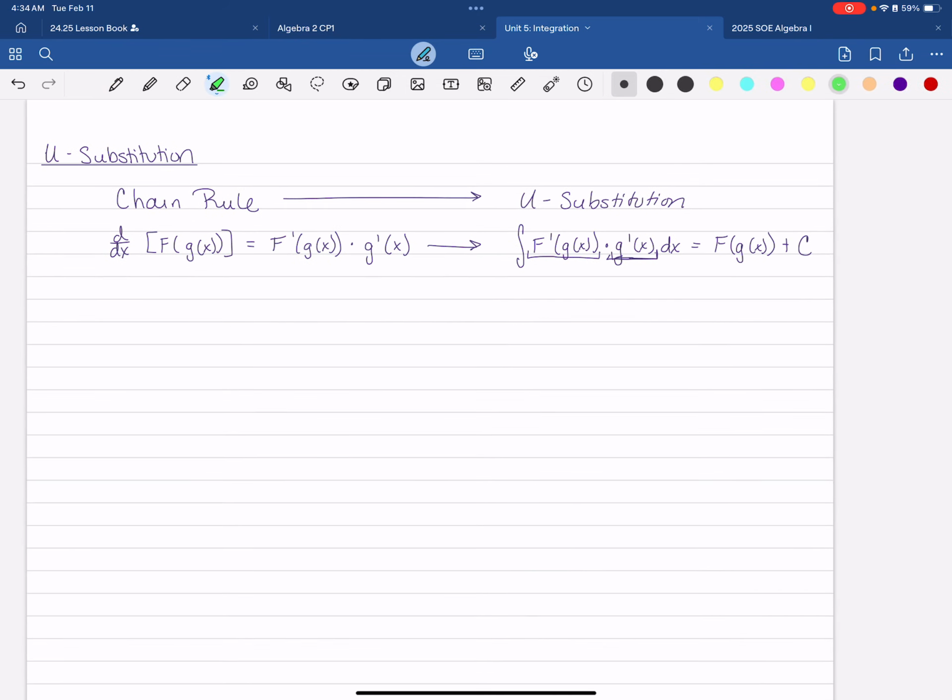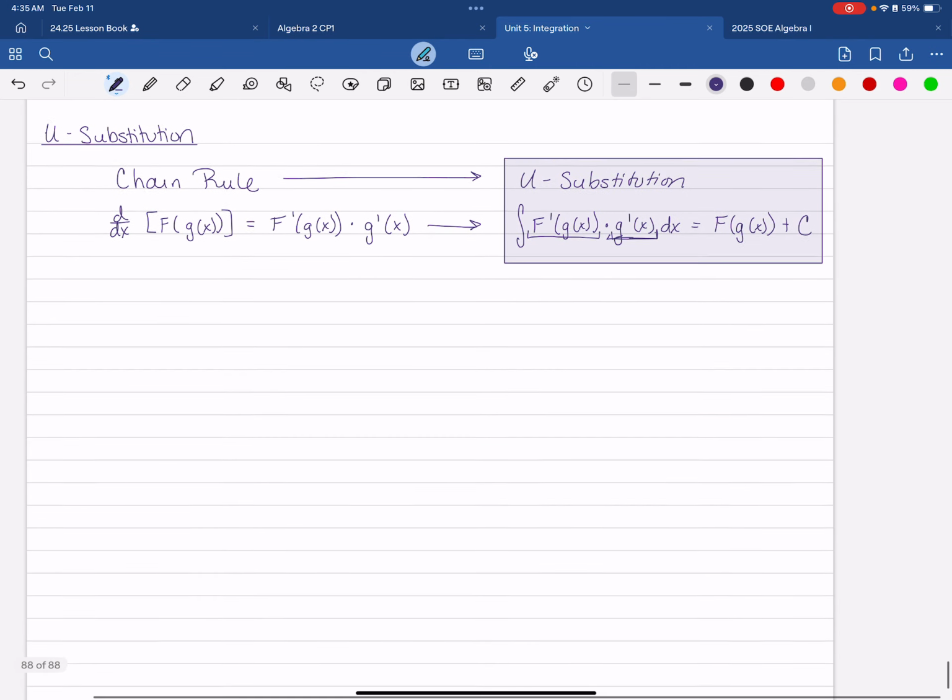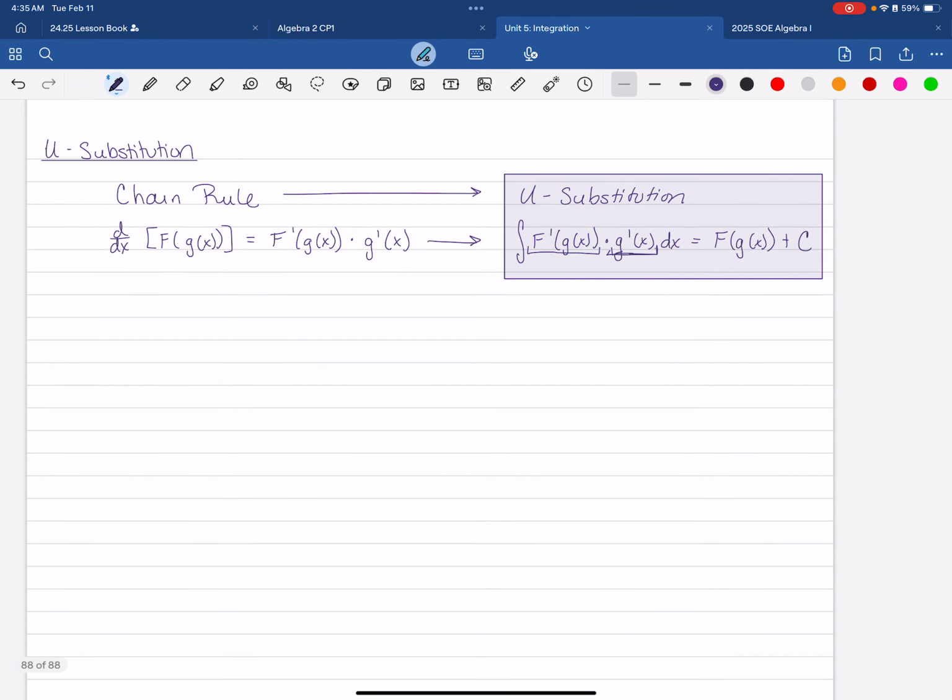So this is our U-substitution right here. Put a box around it. There we go. Another way to look at that is to let u equal g of x.